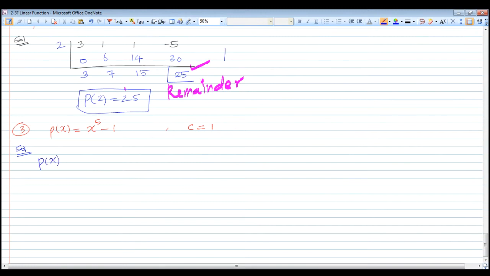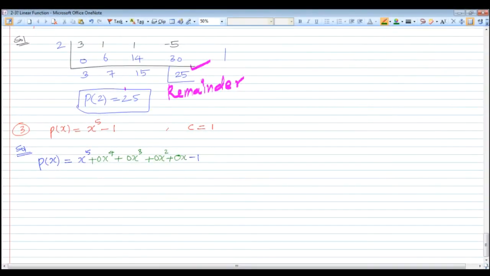X power 5 and minus 1 are present. Very good. This one is zero, right? It is not present. Missing term. So I write 0x power 4 plus 0x power 3 plus 0x power 2 plus 0x, right?